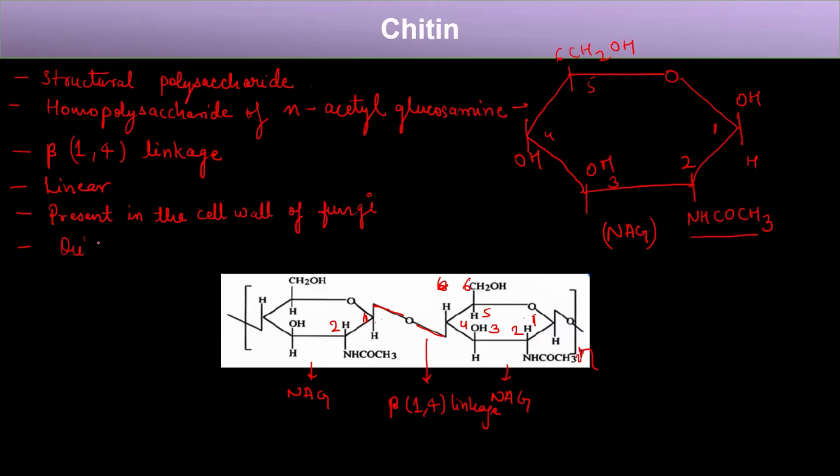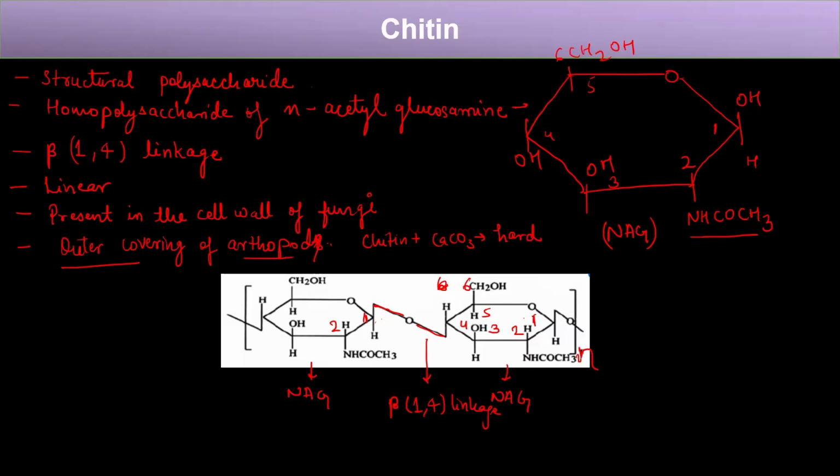So the outer covering of arthropods, that is mostly comprised of insects, right? So it is present in the outer covering of arthropods. So chitin in the arthropods, chitin plus calcium carbonate, makes the outer covering hard. Okay, so this is about the chitin.